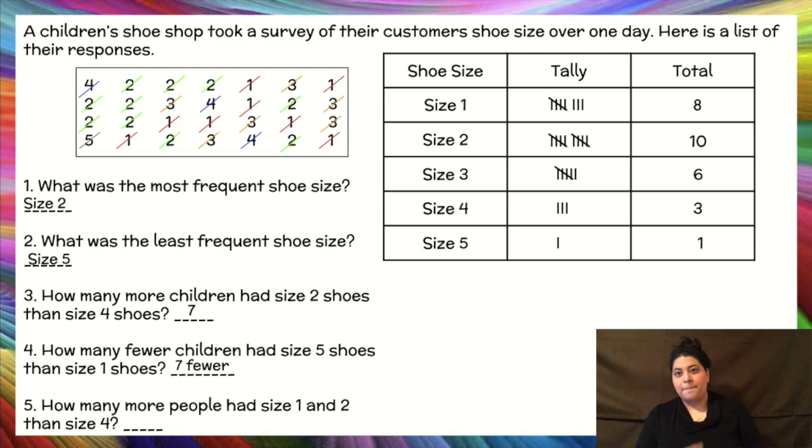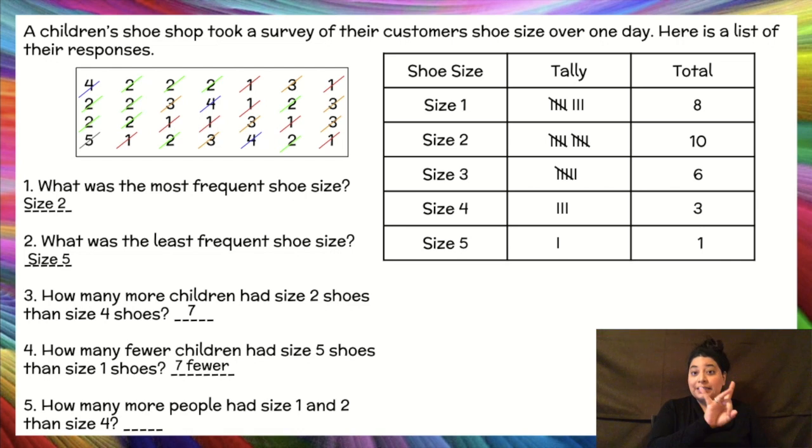Number 5, our last question. How many more people had size 1 and 2 than size 4? So just like our previous slide, we have a 2-step problem here. We're going to need to add up size 1 and 2 and then compare it to size 4. So let's look at size 1 and 2, and that's easy because they're both next to each other up here, size 1, size 2. 8 plus 10, easy mental math, that's a total of 18.